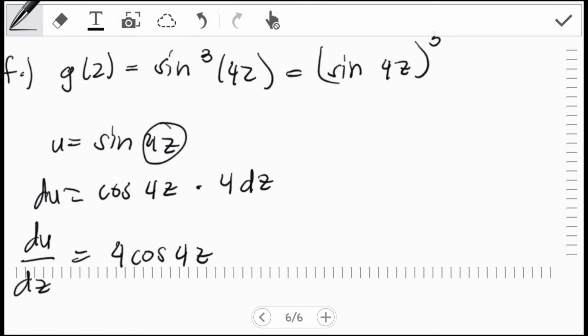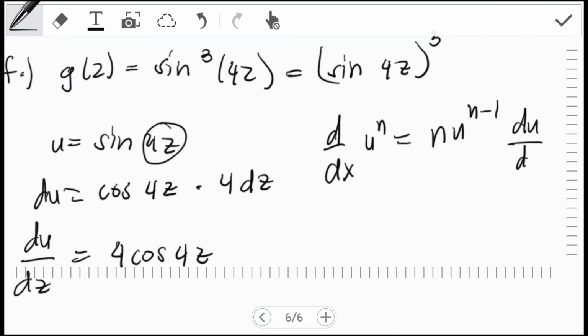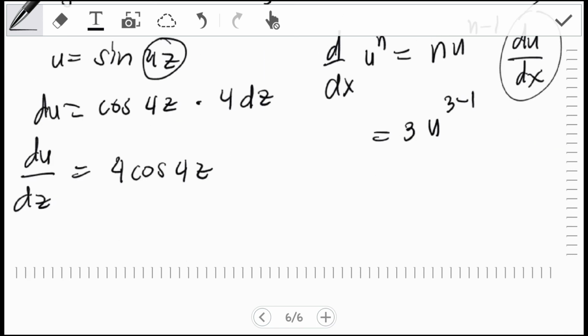Again, we also apply this formula: d over dx of u to the power n equals n u to the power n minus 1 du over dx. Here n is 3, and then u, so we write u also, with n minus 1, times du over dz, which is 4 cosine 4z.